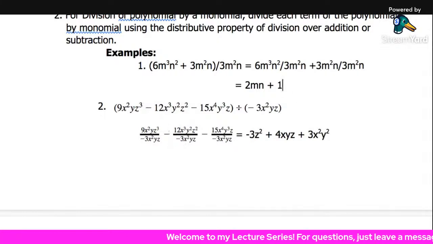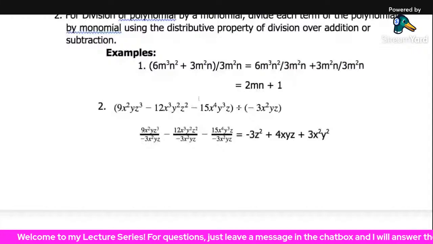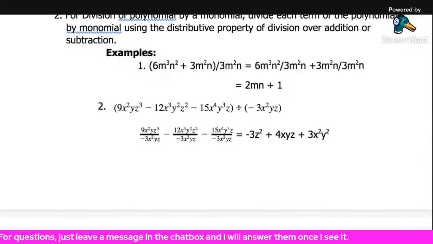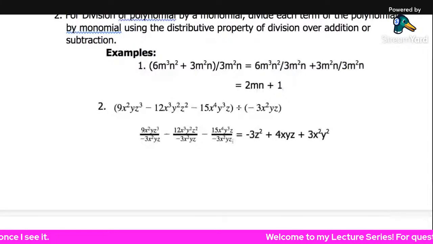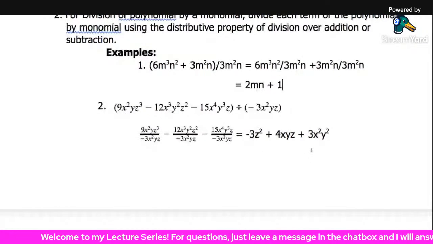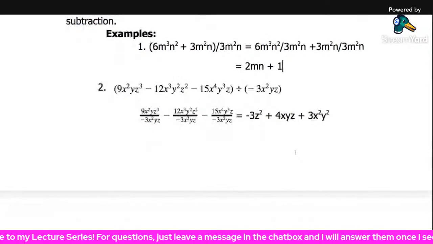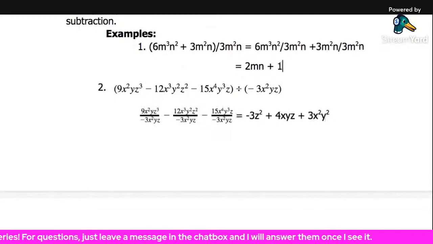Then we have negative divided by negative. This will become plus also. As shown here, minus and negative will become positive. Positive and minus will become negative. So the answer here is minus 3z^2 plus 4xyz plus 3x^2y^2.